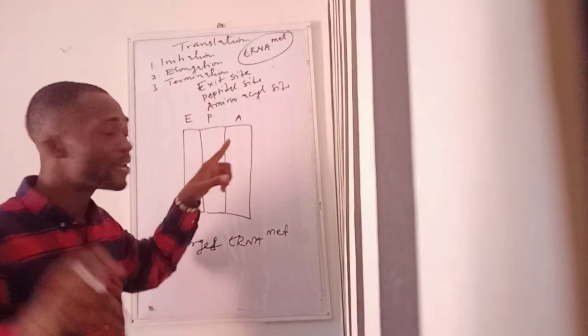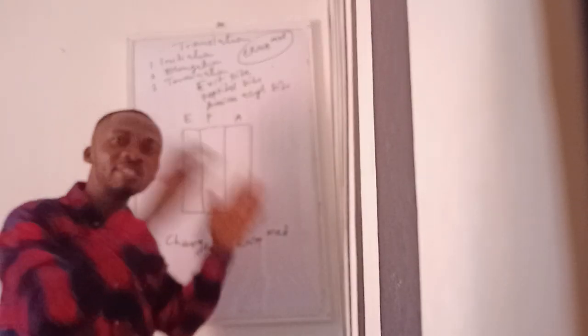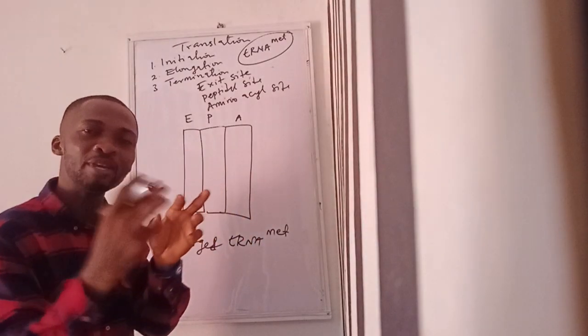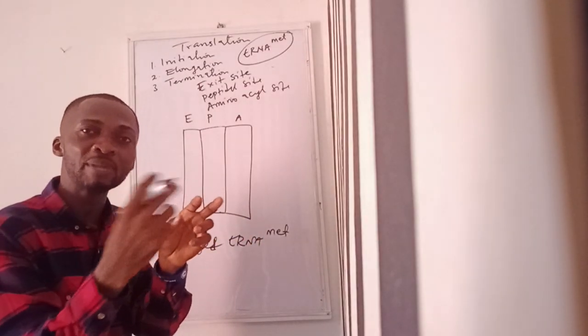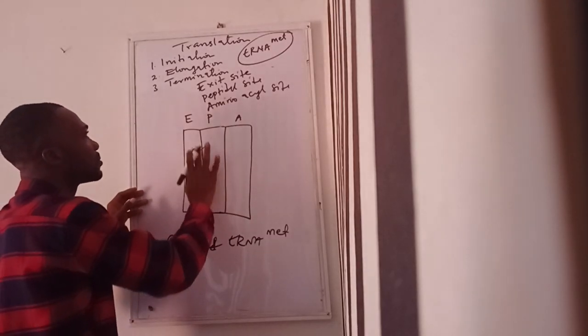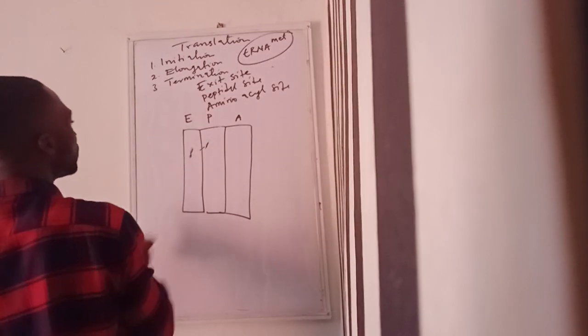Apart from it, every other amino acid will have to pass through the A site. And once they are done depositing the amino acid that they are carrying, there will be a kind of peptide formation. Then they will not exit through the exit site. We'll still come to that. So let me go ahead to explain.